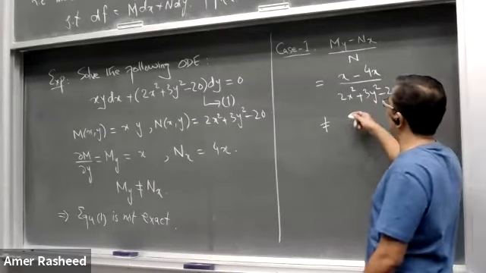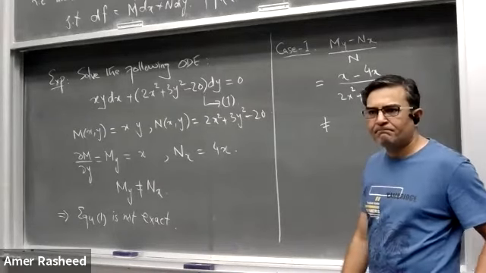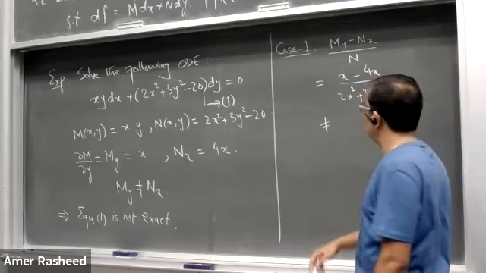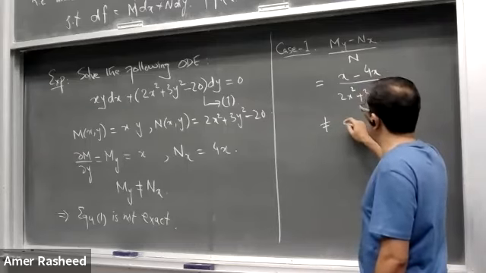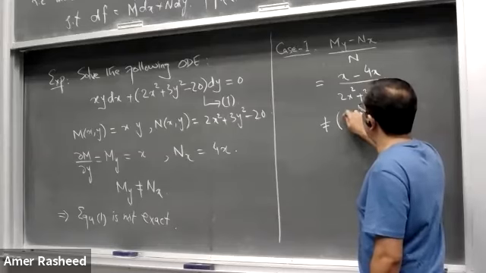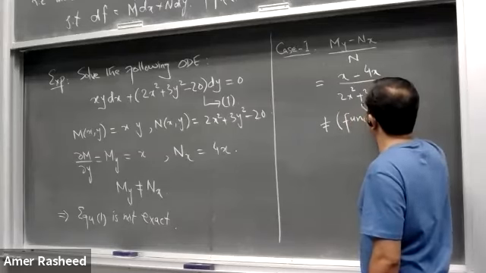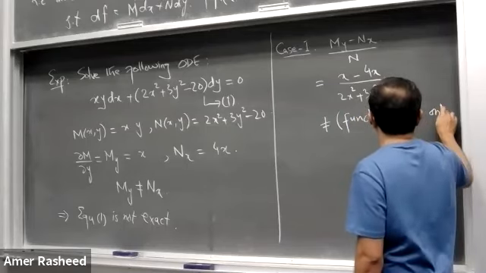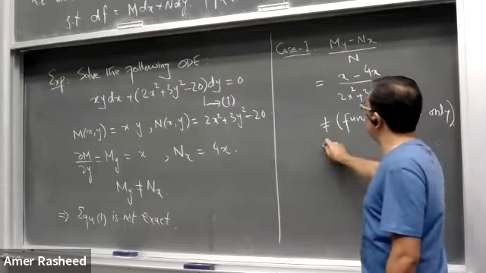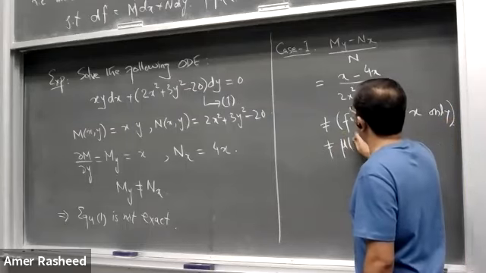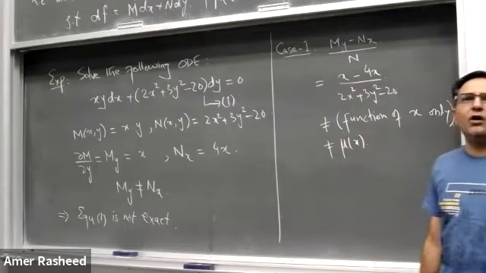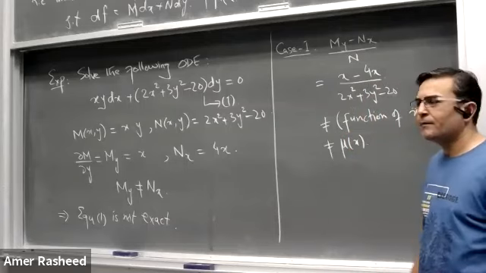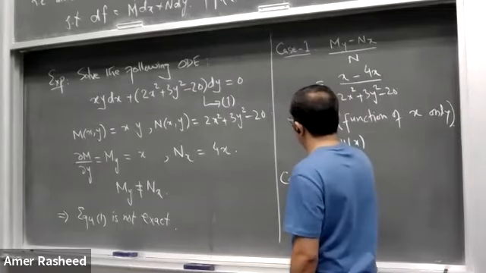It is neither a function of x nor a function of y. So this is not a function of x only, which means it is not equal to mu of x. So case one has not been successful, and we go for case two.